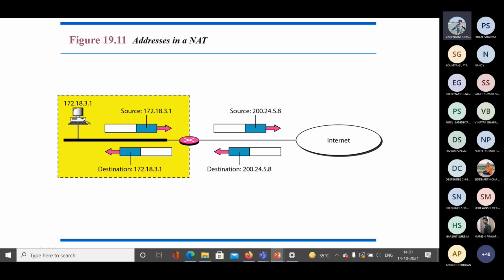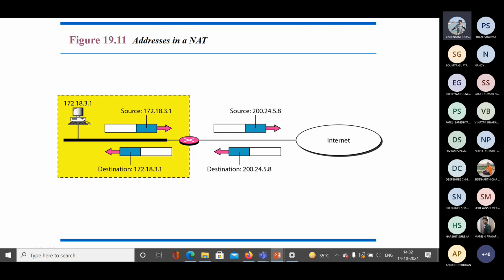Now, when the packet is moved from the NAT router to the outside world, this 172.18.3.1 is replaced with the outside interface's address, which is 200.24.5.8. So this is how the transmission of the packet happens from the organization's host to the internet.